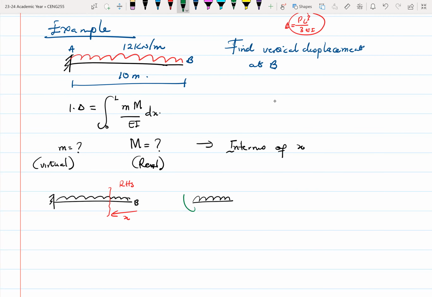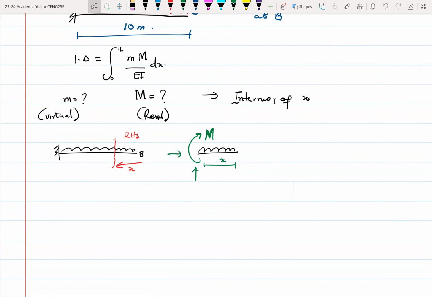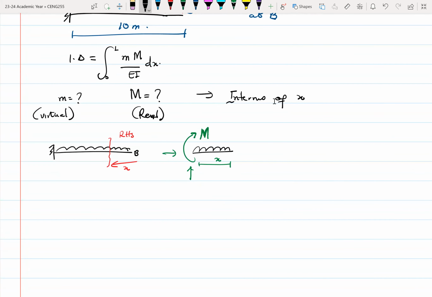So let's say I don't know what M is, so let me show this as an unknown M. This distance here is X. You have all of the other loads, but they're not too important to me right now. I'm looking at what M is. The UDL is 12 kilonewtons per meter.